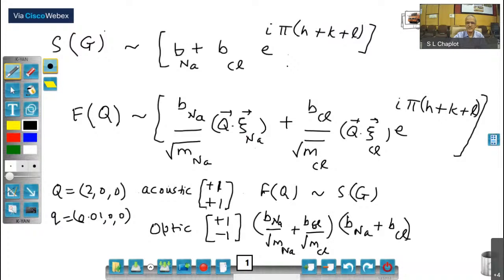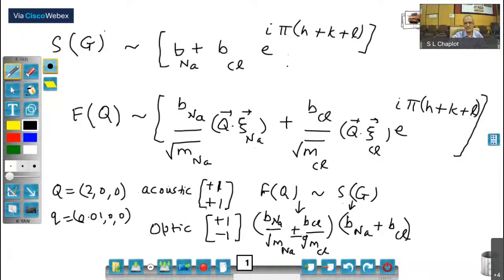So that is for this term and this term. That is for the acoustic phonon. For optic phonon, that becomes minus. This remains the same, but you can see that for the optic phonon, you lose intensity considerably. But then you might wonder, where do I measure the optic phonon then?